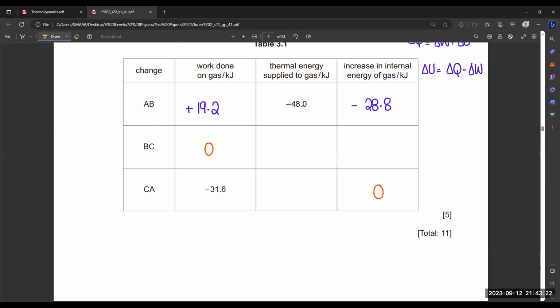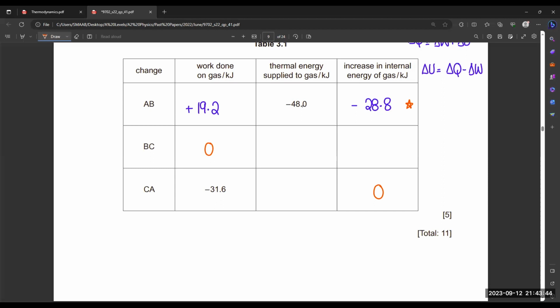And now we have to fill the remaining three boxes. In the remaining three boxes, we have to find the thermal energy supplied to the gas between B to C. Basically, in A to B, the stored energy is equal to 28.8. When we are working from B to C, we are working at constant volume.